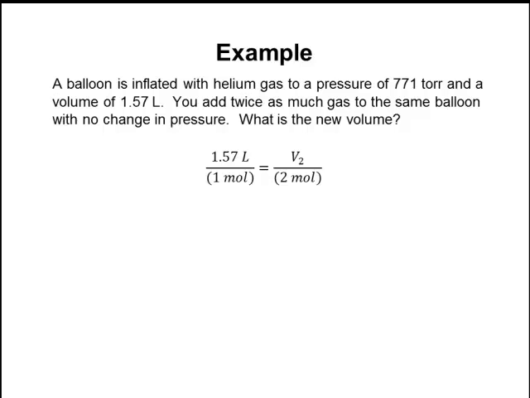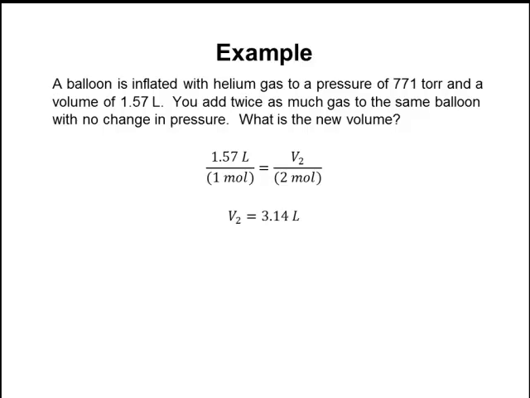If I start with 1 mole and I get twice as much, I end up with 2 moles. It's not important exactly how many moles I have. It's important that I know the ratio between those moles. Now, if it had given me an exact number of moles, I would have put those moles in. But in this case, I just use 1 and 2, and I'm good. So I'll solve for my new volume.